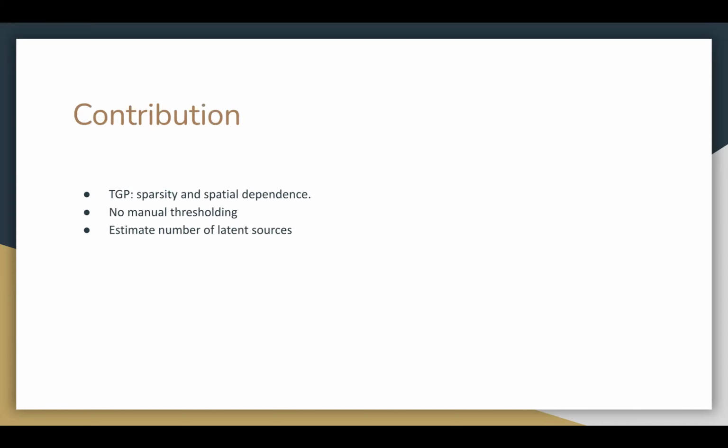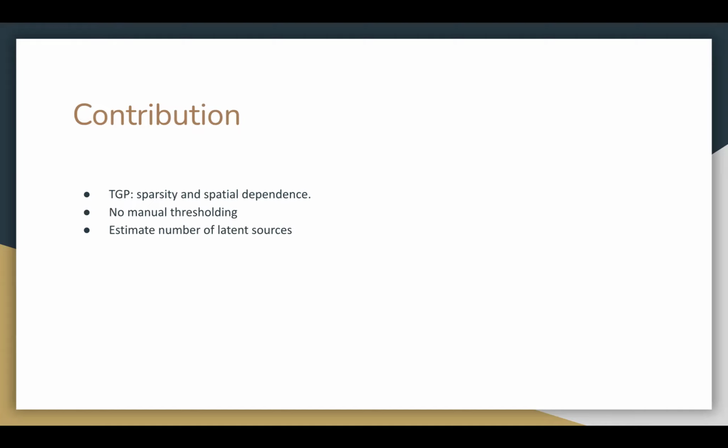The main contribution of this paper, firstly, is using the thresholded Gaussian process. They assume the latent sources of the MRI are sampled from a Gaussian process, and to ensure sparsity, because based on a lot of research, the active neural networks in the brain concentrate in specific regions.